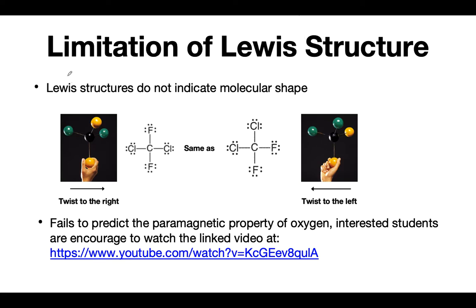One of them is that Lewis structures do not indicate molecular shape. Remember, we care about the models because a model can tell us the geometry or shape the molecule has. Here, for example, is dichlorodifluoromethane.